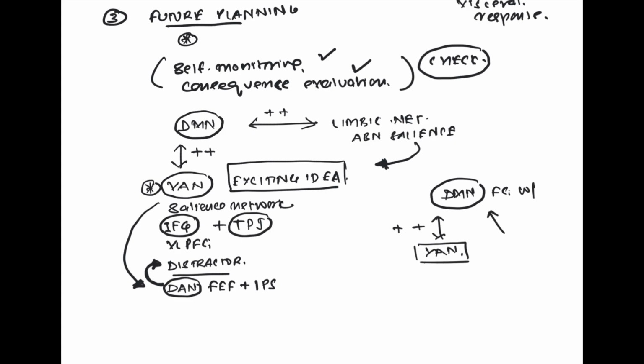There's also an increased functional connection seen with your limbic system or the emotion network, which will give abnormal salience to this exciting idea. And this in turn leads to impulsivity, grandiosity that we see in patients with bipolar disorder. I hope this makes sense, and thank you.